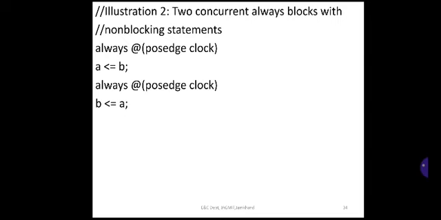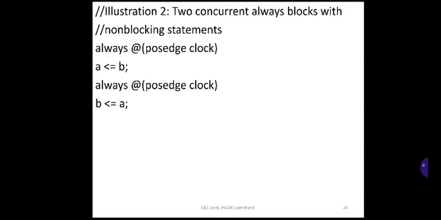So first, at the positive edge of the clock pulse, the right hand side expressions are evaluated, that is B in the first statement and A in the second statement. So these are the read operations. After reading the values of B and A, they are stored temporarily in a variable.